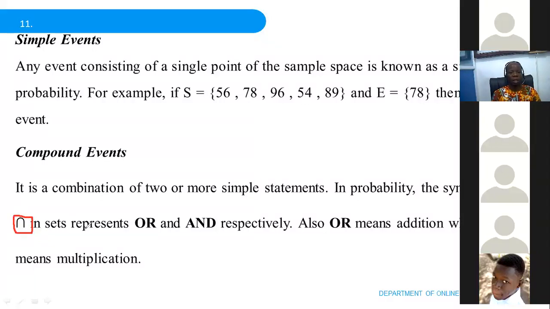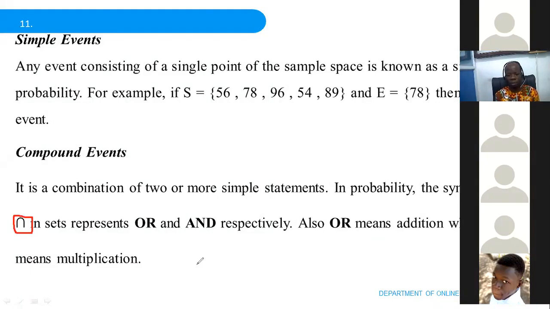In sets they represent or and and, respectively. Also, or means addition, whilst and means multiplication.